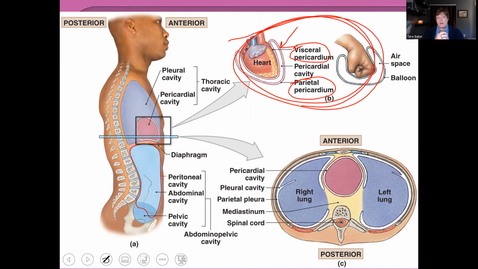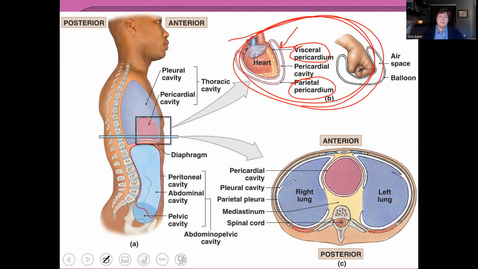The visceral pericardium is attached so tightly to the heart that we cannot remove it. So those visceral layers are really incorporated and fused to the organs that they're around. The outside layer is usually fused to the inside of the body wall.